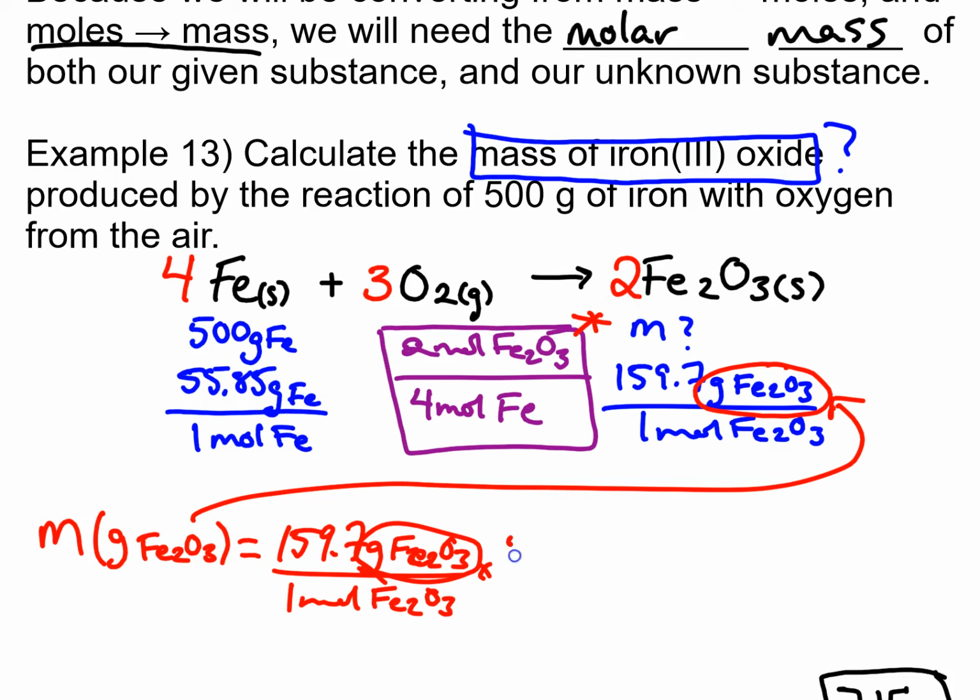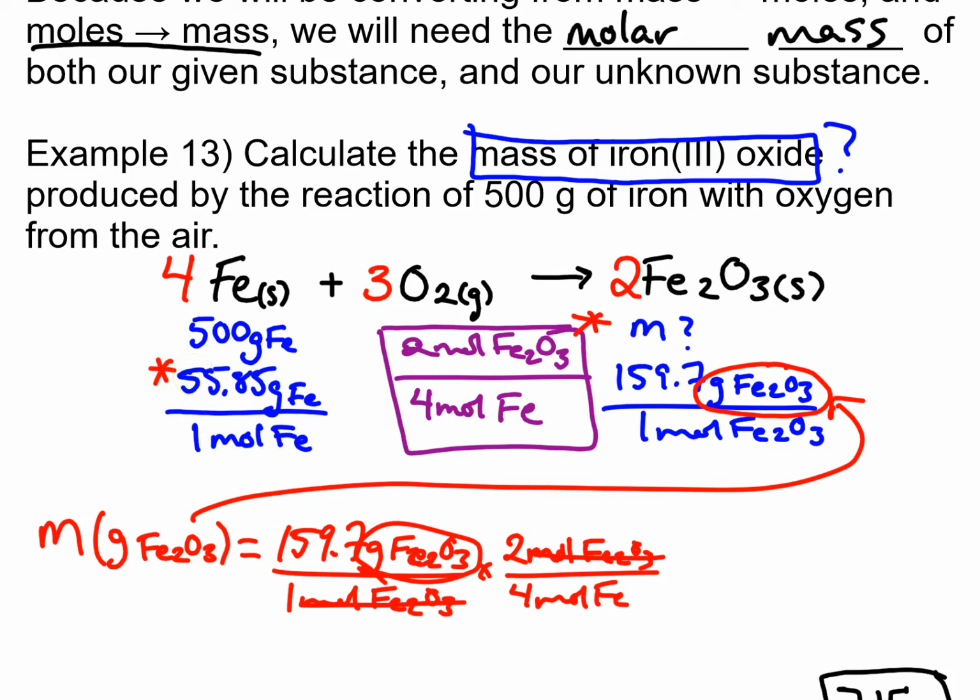So I'm going to multiply by 2 moles Fe2O3 for every 4 moles of iron. Perfect. Now my moles of Fe2O3 cancel, but I'm left with moles of iron. Well, what has moles of iron? I see the molar mass of iron has moles of iron. So I'm going to take this, but I'm going to flip it.